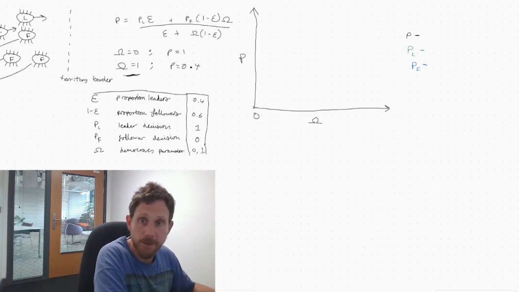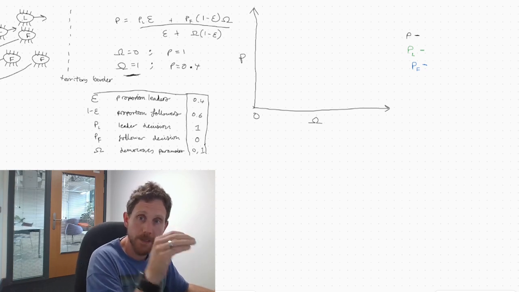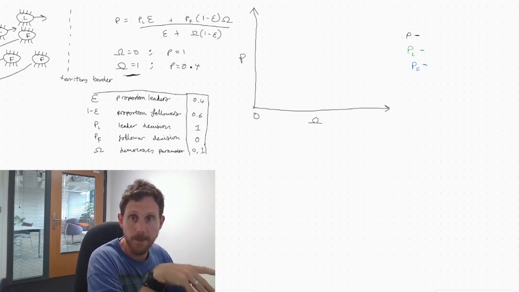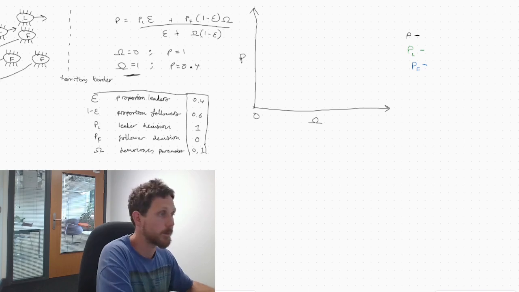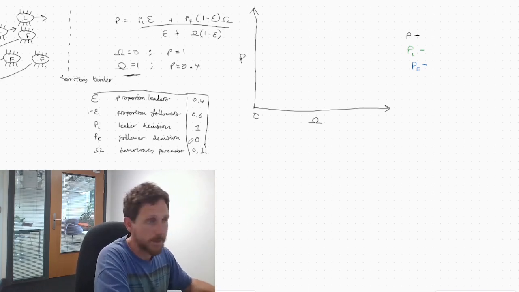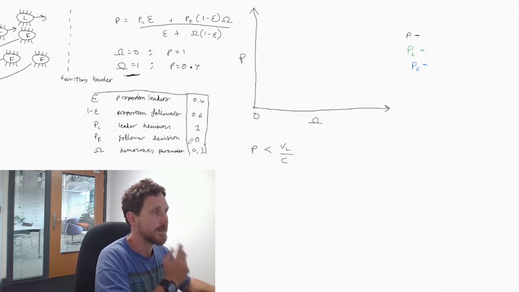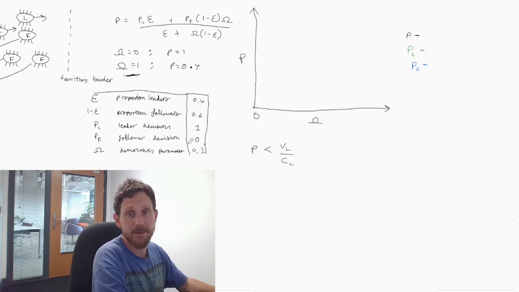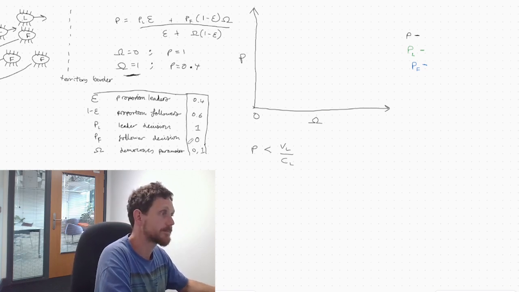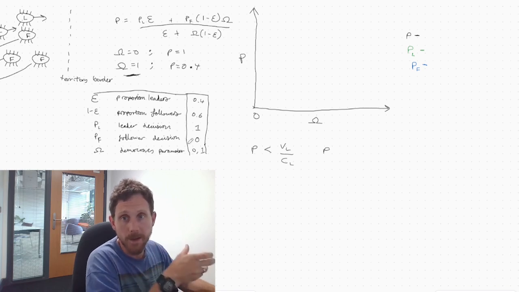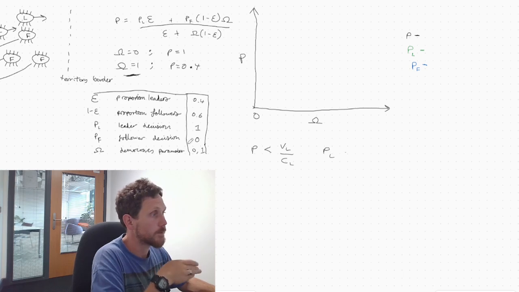But what is the evolutionarily stable value that P takes for any PL, not just for the numerical example we saw earlier? Well, this is where we lean on the derivation we saw earlier, and recall that when P is less than PL over CL, then the leaders will always do better by playing hawk. So PL only moves in one direction.